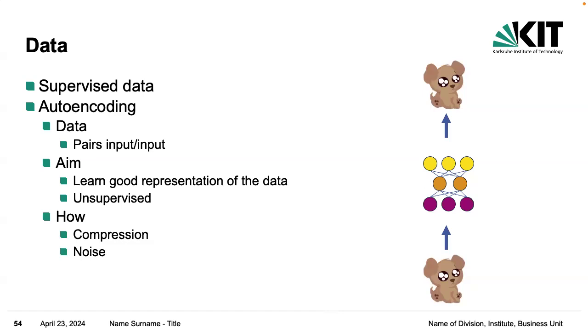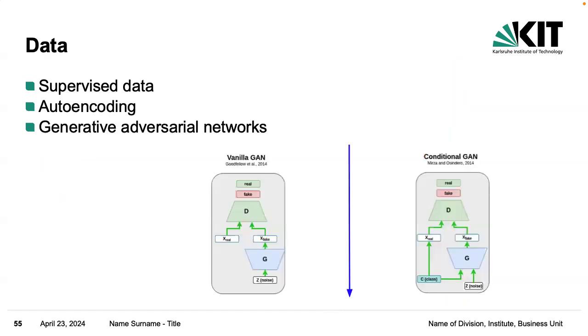Then there is one other type, if we don't have the right data to learn, and that is what people refer to as generative adversarial networks. When do you typically apply them? Imagine you want to learn to generate a realistic image of a human. You can, of course, give a lot of examples and say, generate this human.